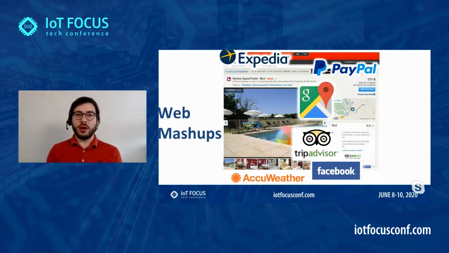And this is possible since the web is designed to work in an interoperable fashion where we can put different services together to build applications that are bigger than just these services themselves.